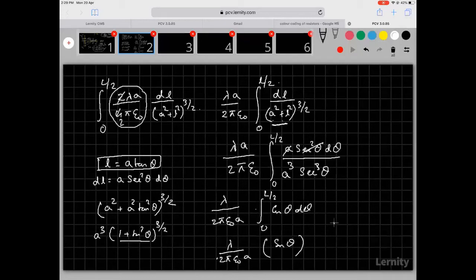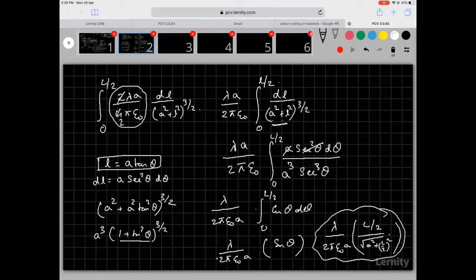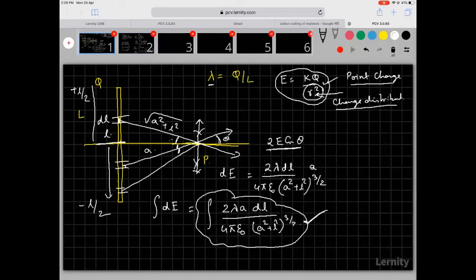So it will become lambda by 2 pi epsilon naught a times sin theta at maximum, which is L by 2 divided by root over of a squared plus (L by 2) the whole square, minus 0. So this will give me the electric field at this point.